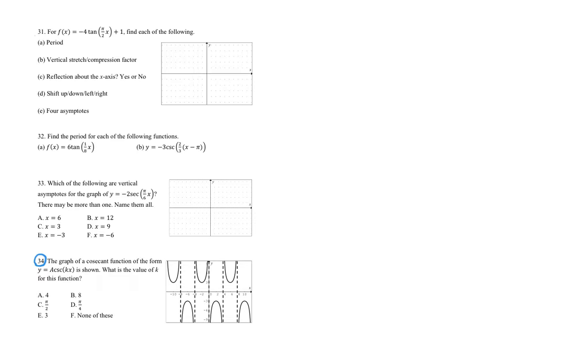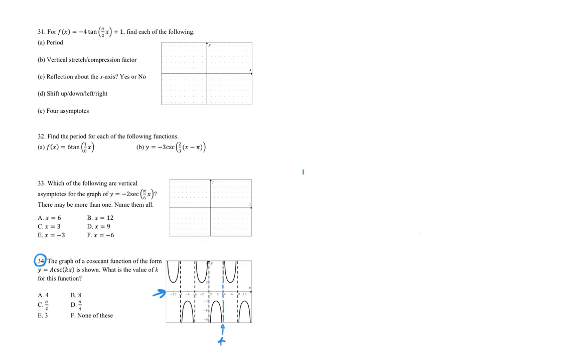Okay, for this problem we have a cosecant graph, and we want to find what the value of k would need to be to make it look like this graph here. First thing, we can do it the same way we approached the last problem. We can look at one of the asymptotes, and this is at 4, but usually if we hadn't shifted, like if k was equal to 1, then that asymptote would appear at pi.